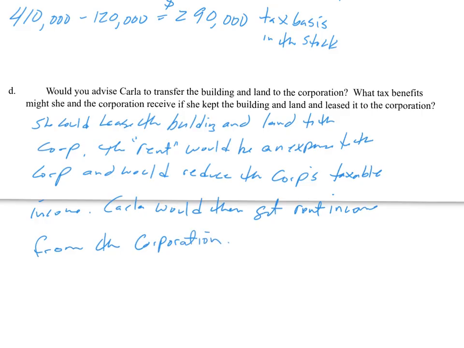And Carla would then get rent income from the corporation. Whether or not she should do that is absolutely determined by relative tax rates. And so for that, we'd have to look at the relative tax rates and decide, is it better for that property to be inside or outside of the corporation? All right, that completes that problem.